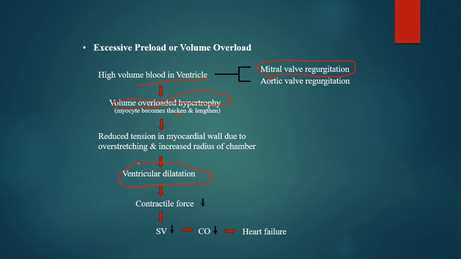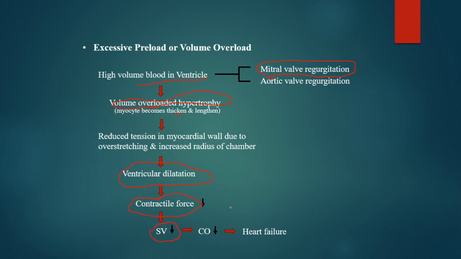If the radius of the ventricle increases, then the contractile force will be down, because a dilated ventricle cannot contract so well that it will generate a proper stroke volume. So eventually again the heart will go into failure.